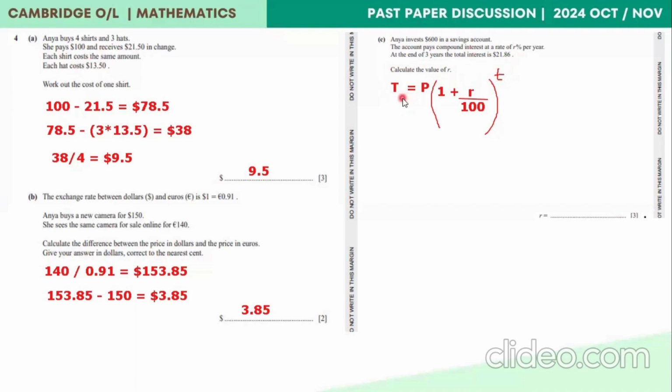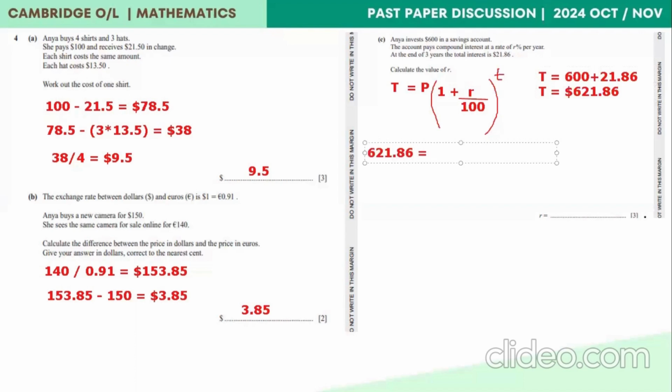So this T will be the total with the interest added. So T is equal to 600 plus 21.86, so T is equal to $621.86.